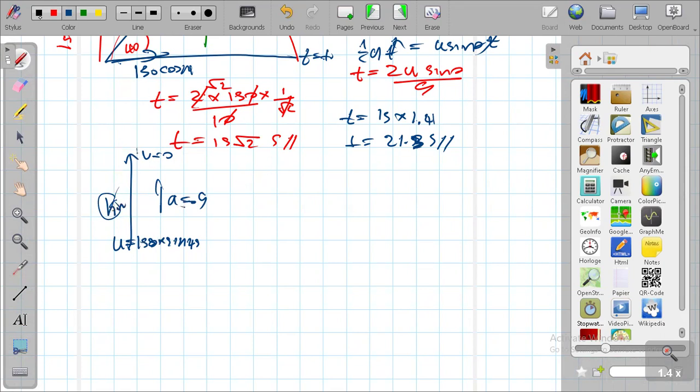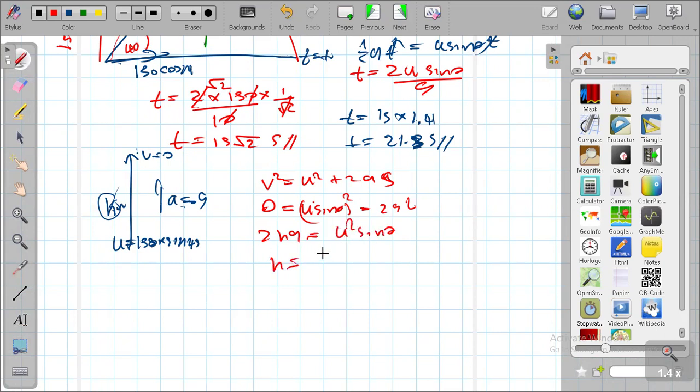There are 4 variables, so we can apply the equation v squared equals u squared plus 2as. v is 0, so 0 equals u squared sine squared theta minus 2gh. 2gh equals u squared sine squared theta, so H equals u squared sine squared theta over 2g.